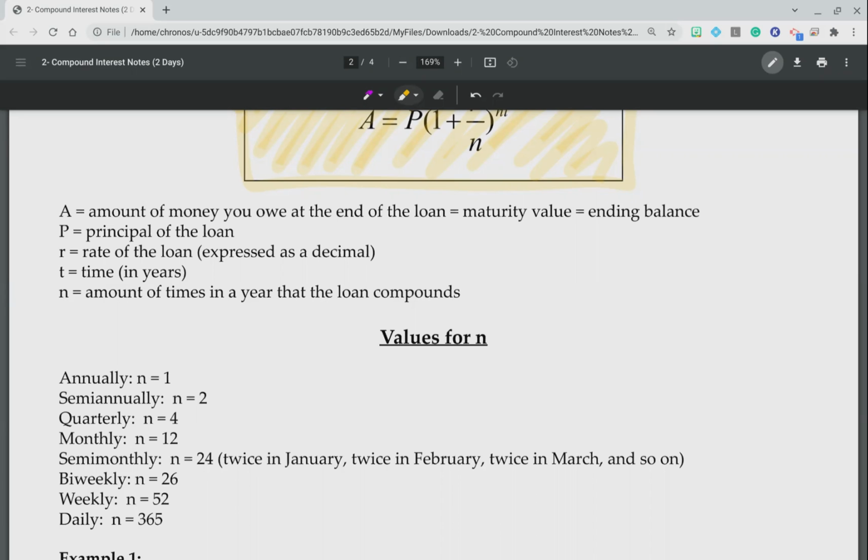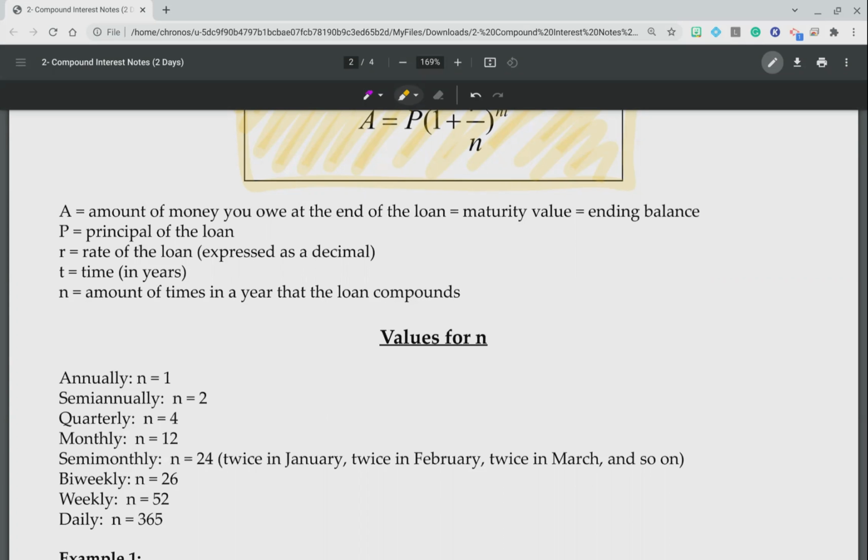Semi-monthly is 24 because it's 2 times in each month. Bi-weekly is 26, weekly is 52, and daily is 365. We used these numbers when we were talking about paychecks previously, so they're not new, but in this case, n means the number of times that your loan is compounded per year.